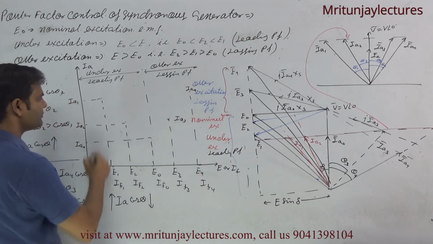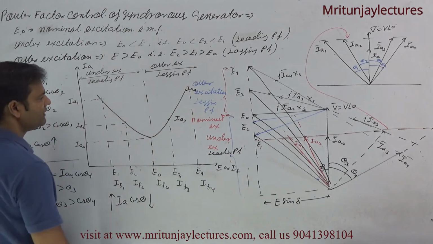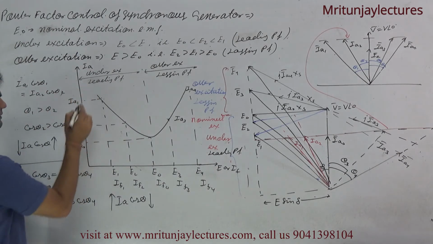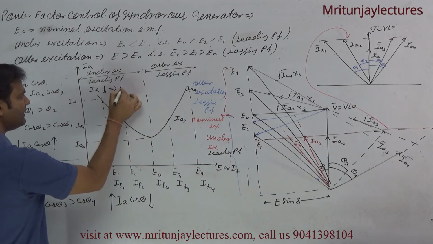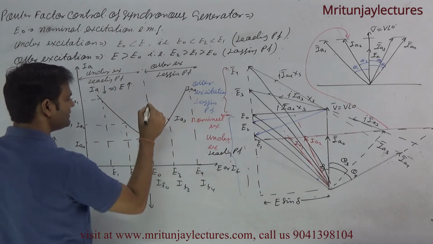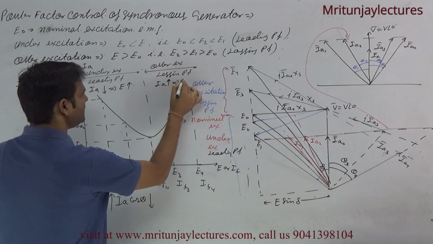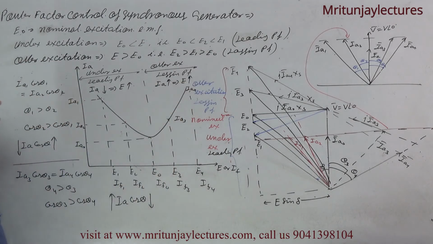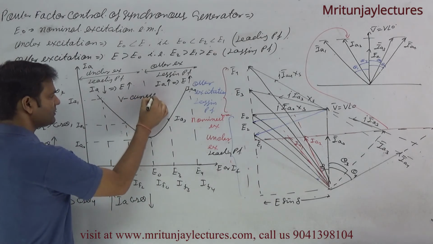Okay, so if you want to make it like this, that is the V curve. Now in this region IA decreases and E increases, and in this region IA increases and E also increases. Okay, that is the V curve.